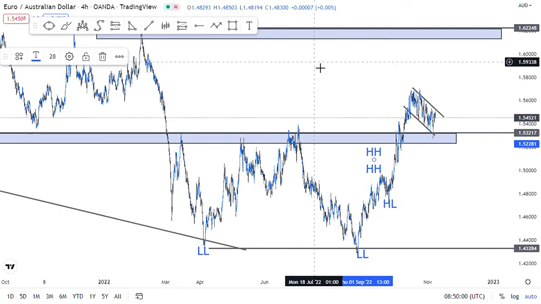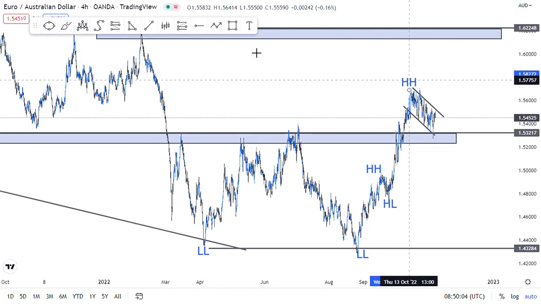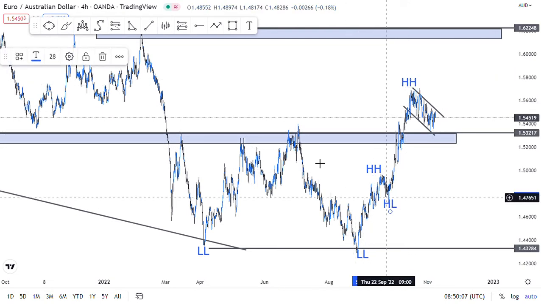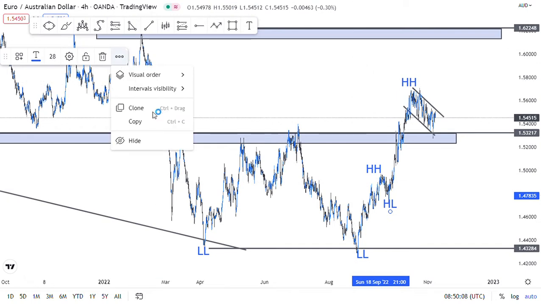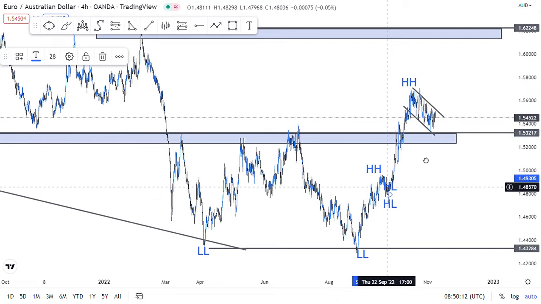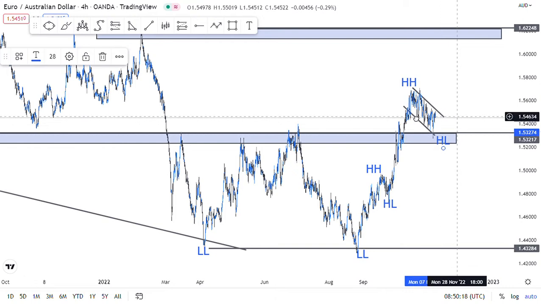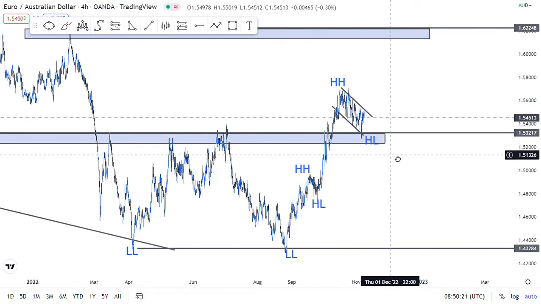This is our high now at this current level. After a higher high, we're expecting a higher low. So we're expecting a higher low right at this point right there.